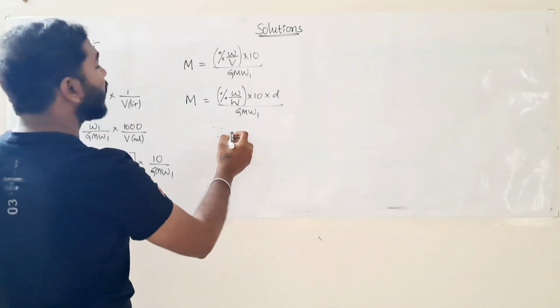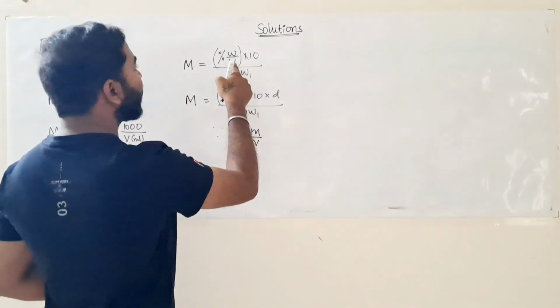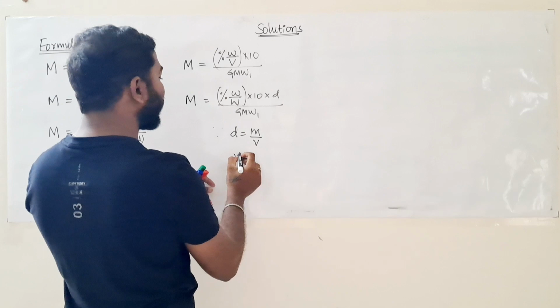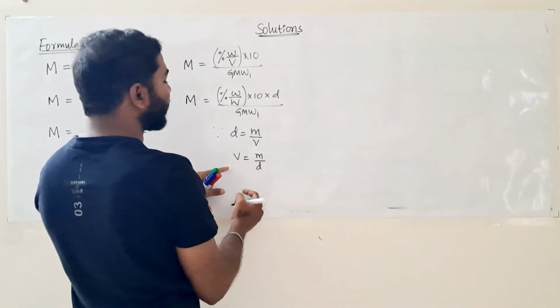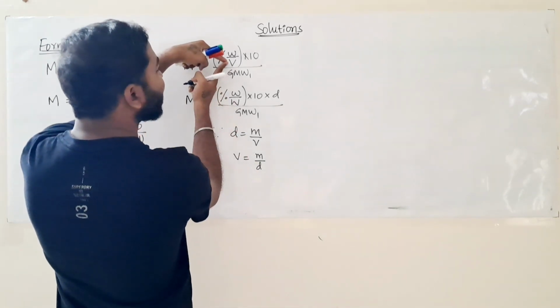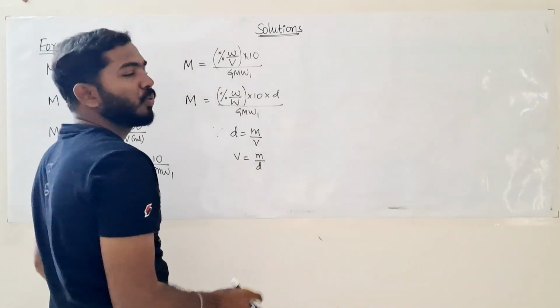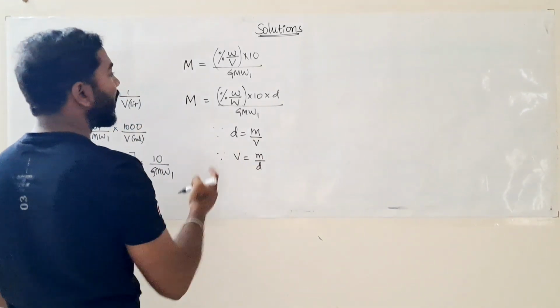We know that density is equal to mass by volume. We can write volume is equal to mass by density. Since volume is inversely proportional to density, it is present in the denominator, so it will move to the numerator. So that is how we are going to get this equation.